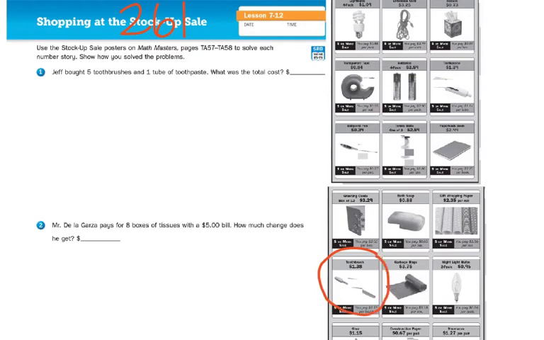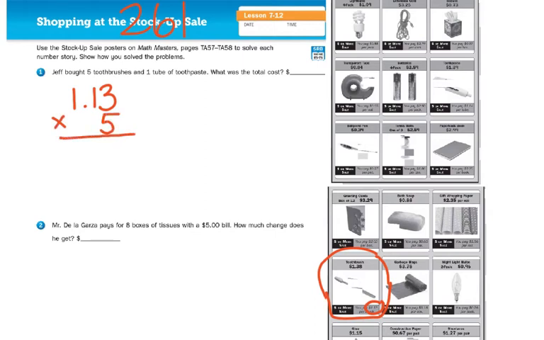A toothbrush is $1.38, but if you look at the bottom here, it says 5 or more, you only pay $1.13, and he's buying 5 or more. So let's write $1.13, and rather than adding $1.13, $1.13, $1.13, $1.13, $1.13, I'm going to multiply by 5.